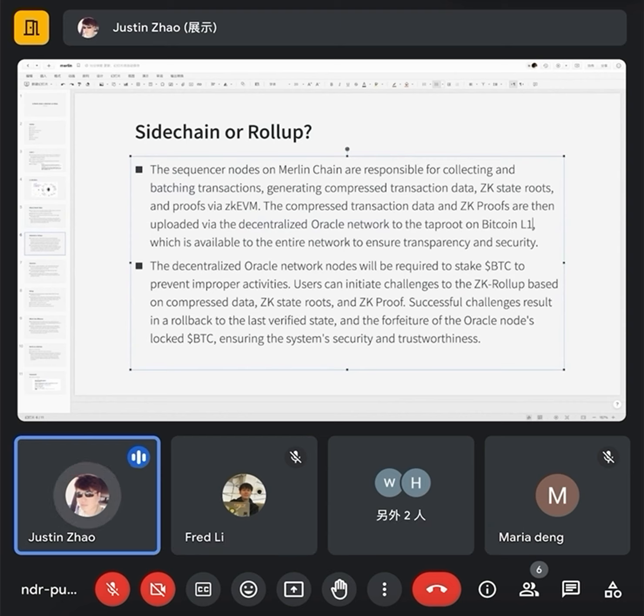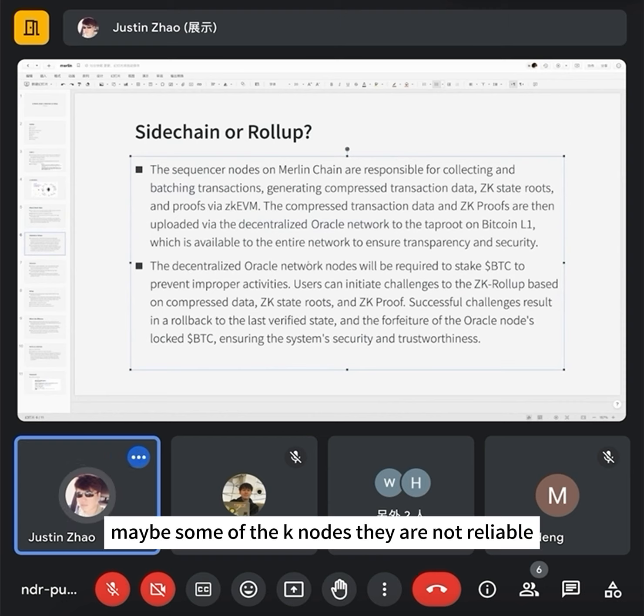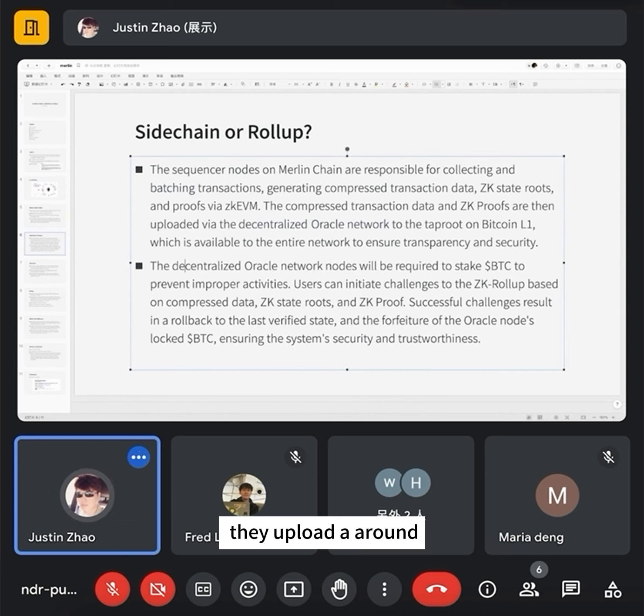Now you may ask: how can you make the DAC, the decentralized Oracle network, reliable? Because it's decentralized, maybe some of the nodes are not reliable. They upload a wrong data hash.